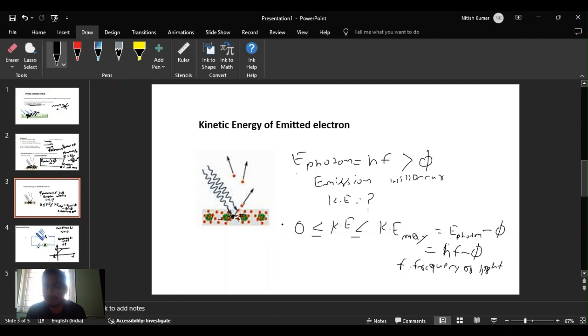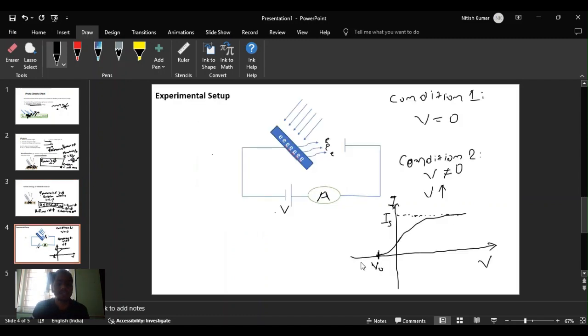So its kinetic energy will be in the range up to the maximum kinetic energy, defined as hf minus phi.